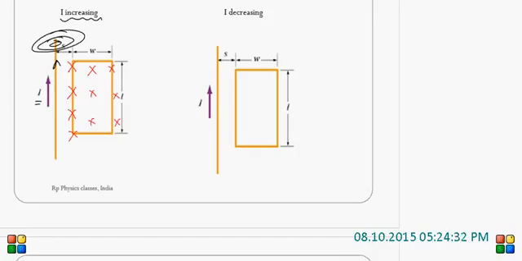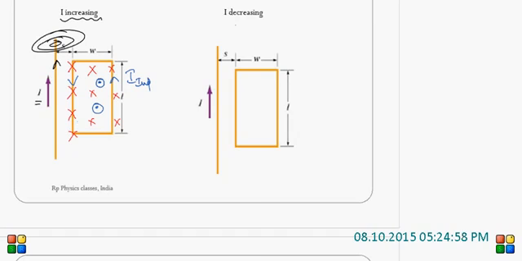How can I resist the increase in magnetic flux? By inducing current so as to oppose the field. So it has to produce the magnetic field dots, that is in anti-clockwise direction. If induced current is in anti-clockwise direction, then it will produce its own dots, which is outside, which will oppose the increase in magnetic flux.